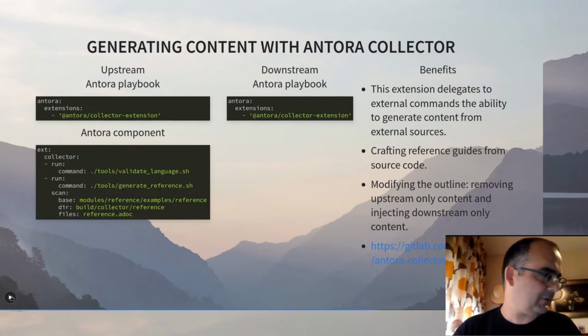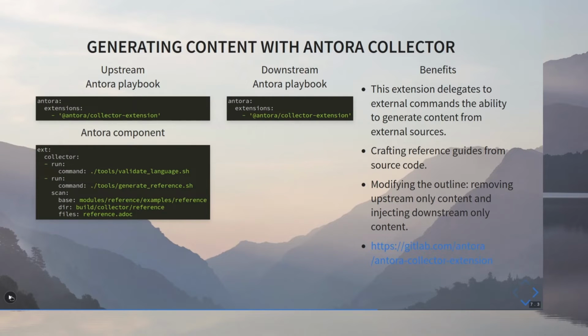To run a command to validate the language, for example, so to do some commands that we don't want to run before, and also to generate reference content, so content that is in a YAML file in the code that describes an API. Content that is in an ini file and that describes the options for a command line. So you can grab the content from the code of the application and transform it into content for the application.